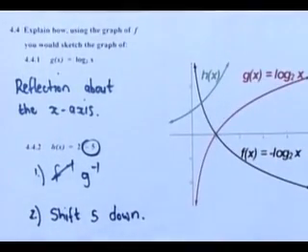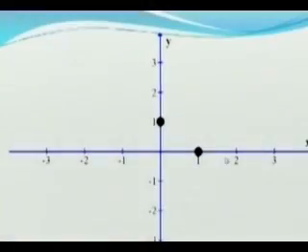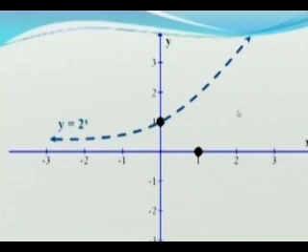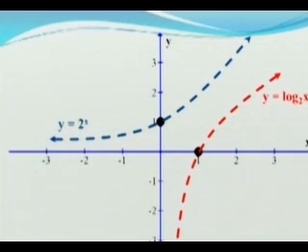Right. Then just lastly, just to reflect on what we have covered there, if you look at the slide, we've started off with y equals 2 to the power x. Remember, that was our positive exponential graph. From there, the inverse of that, it gave us y equals the log of x with base 2, the inverse of that graph.